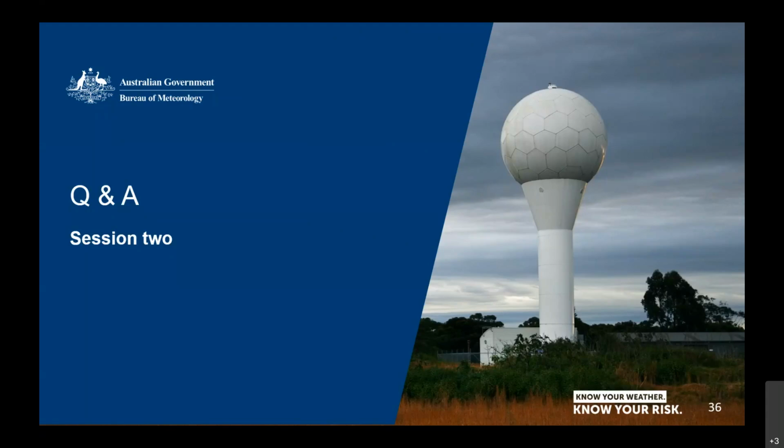I can take that one, Jordan. Generally speaking, we like to get the radar up as high as possible within reason. If you go too high, the tower becomes too big and it sways around. So we generally try to keep it around 20 metres.